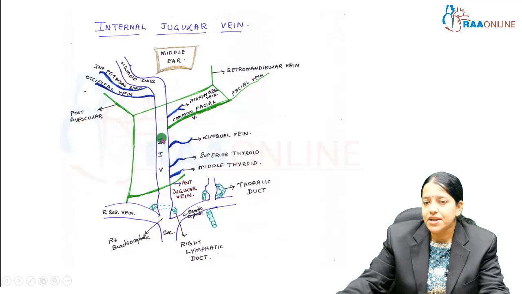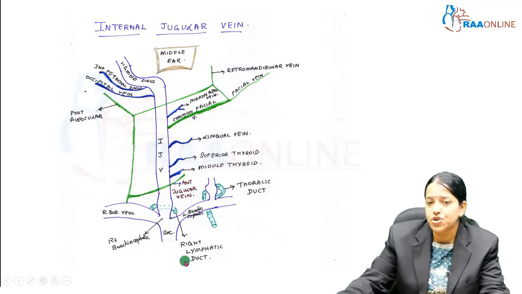Then it comes vertically downwards, and it is joining the corresponding subclavian vein, this is the right side shown, forming the brachiocephalic vein, and both the brachiocephalic veins together will form the SVC. Now there are some peculiarities which are associated with the internal jugular vein.